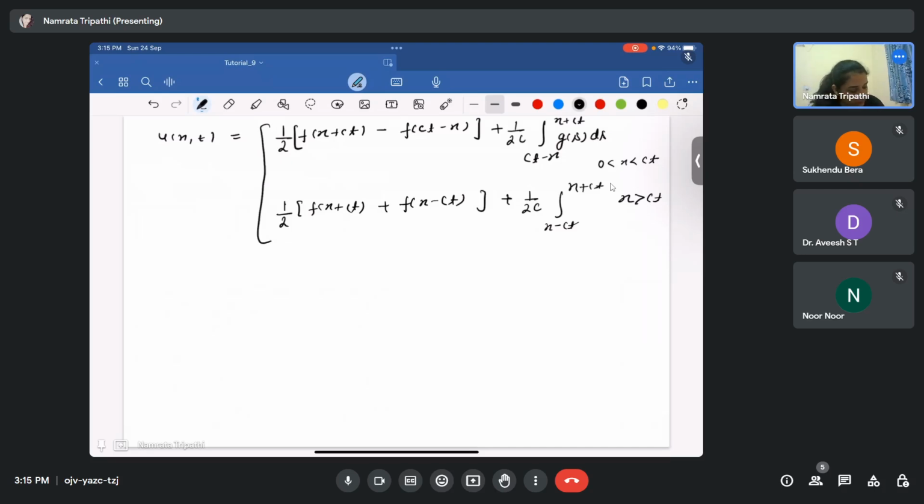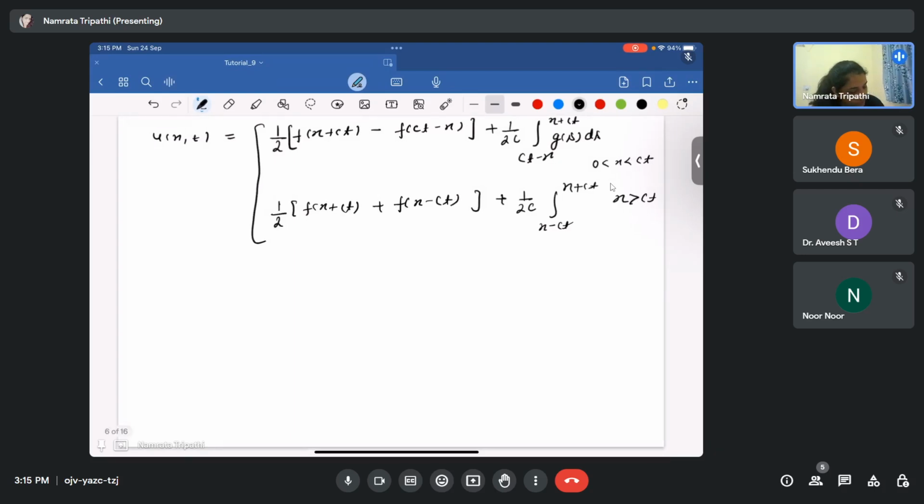This is the solution for this type of wave equation.